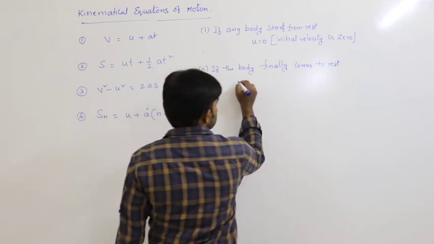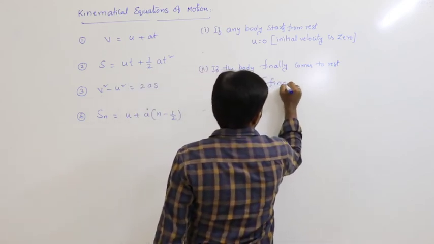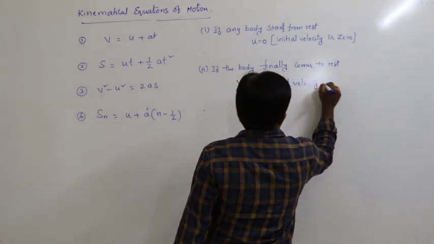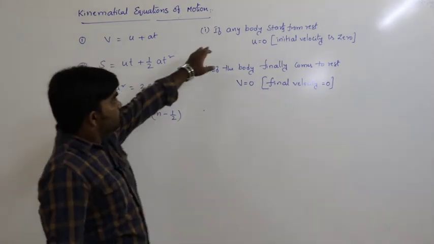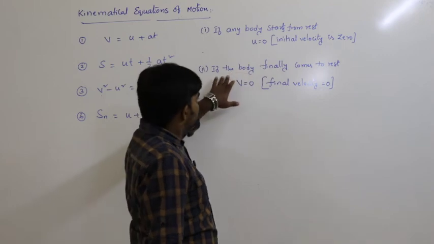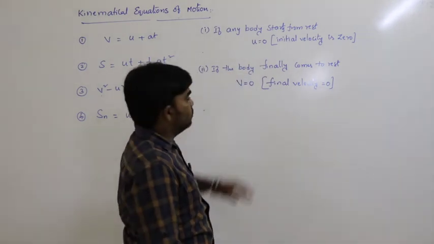Finally comes to rest means the final velocity must be equal to 0. Any body starts from rest, initial velocity is 0. If the body finally comes to rest, final velocity must be equal to 0.